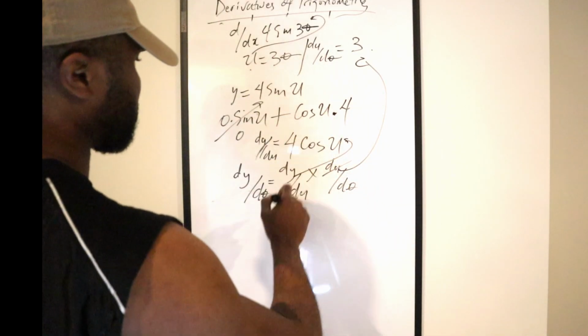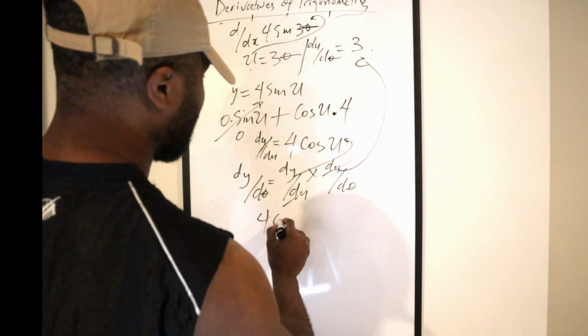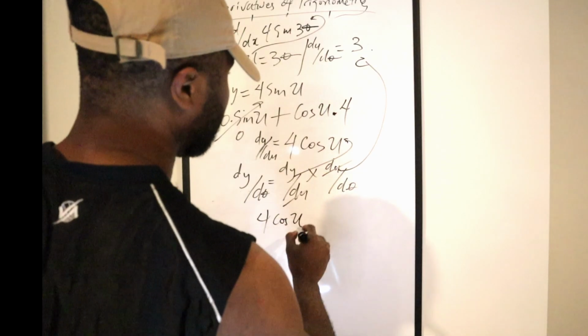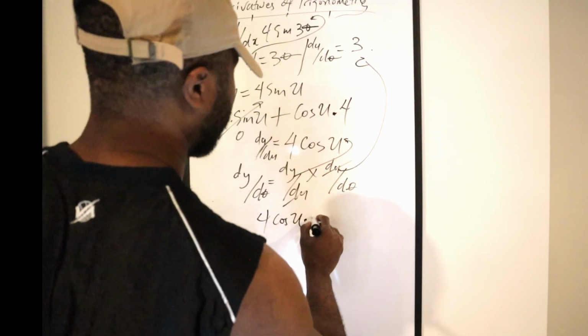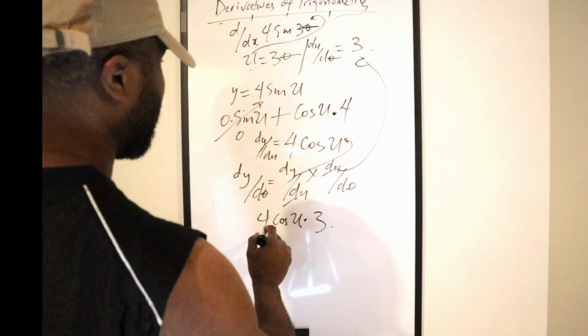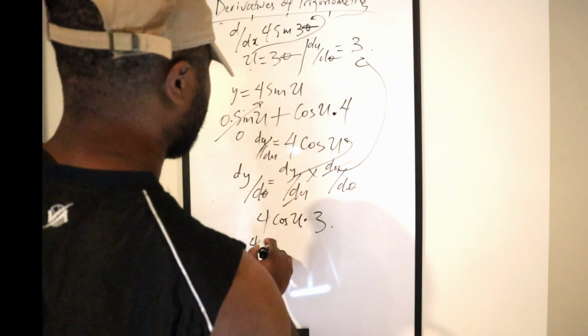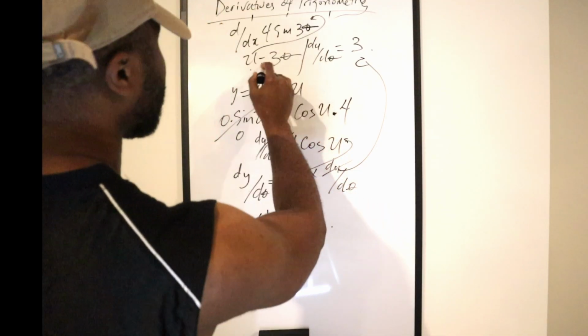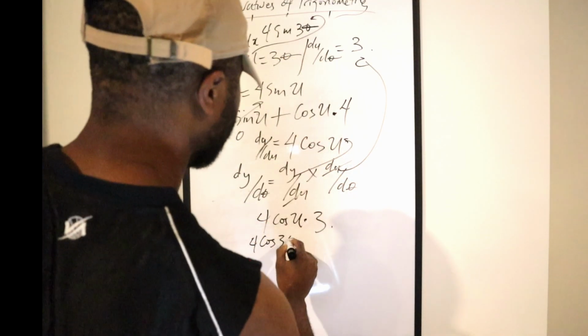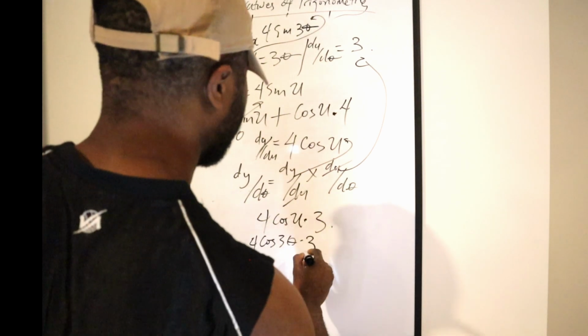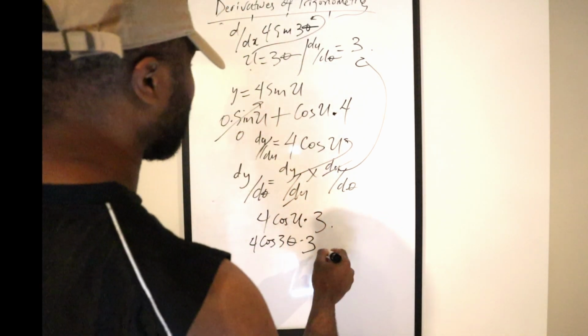So this problem is 4 cos u times 3, and 4 cos u over here is 4 cos 3 theta, times 3. And 4 times 3 is 12.